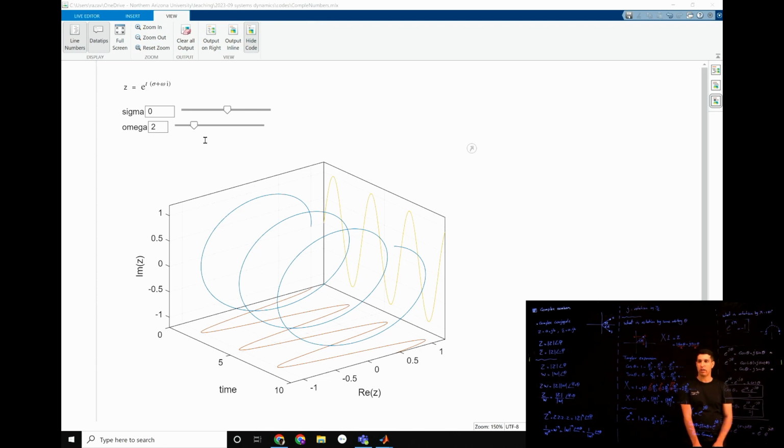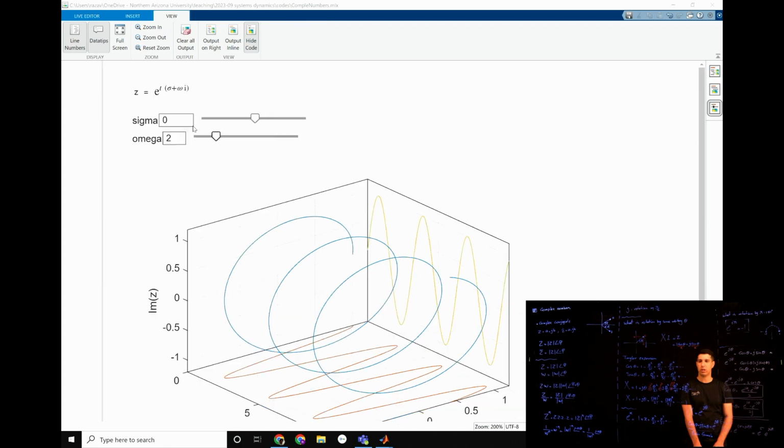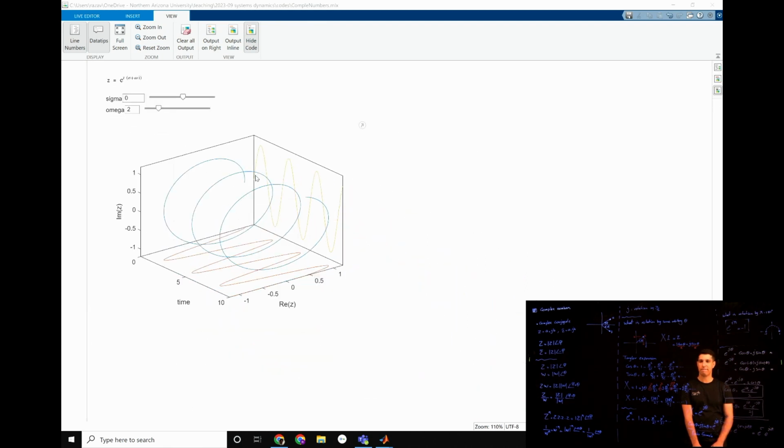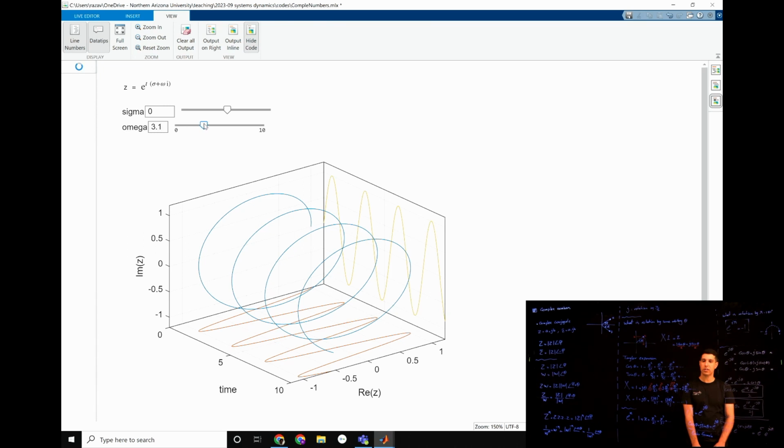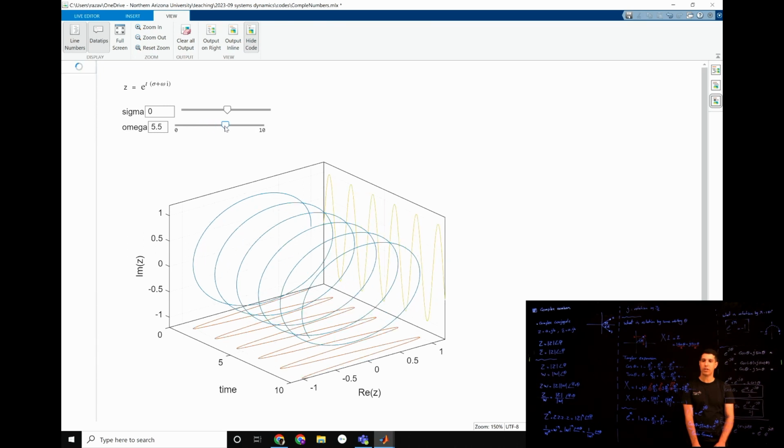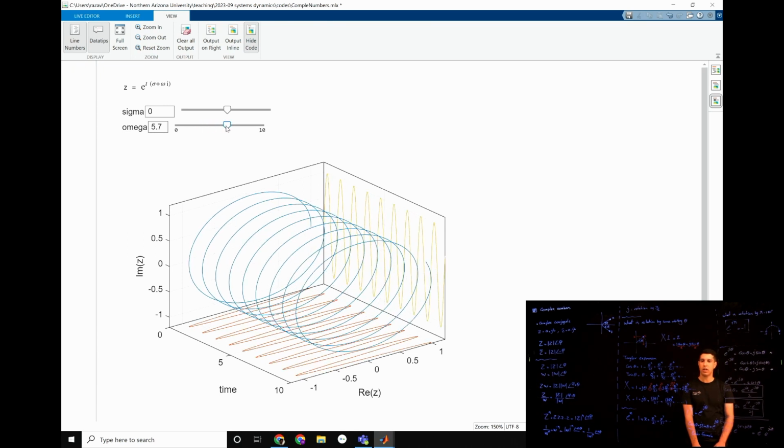I can adjust the frequency of rotation, and you can see it rotates faster and faster in the same amount of time.